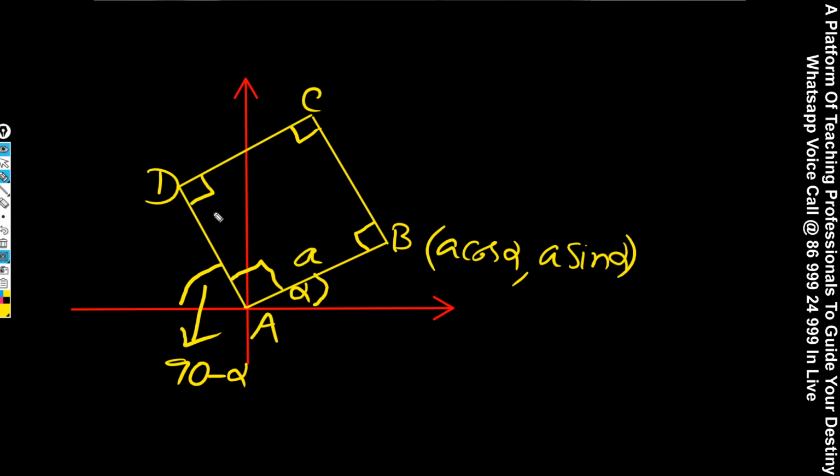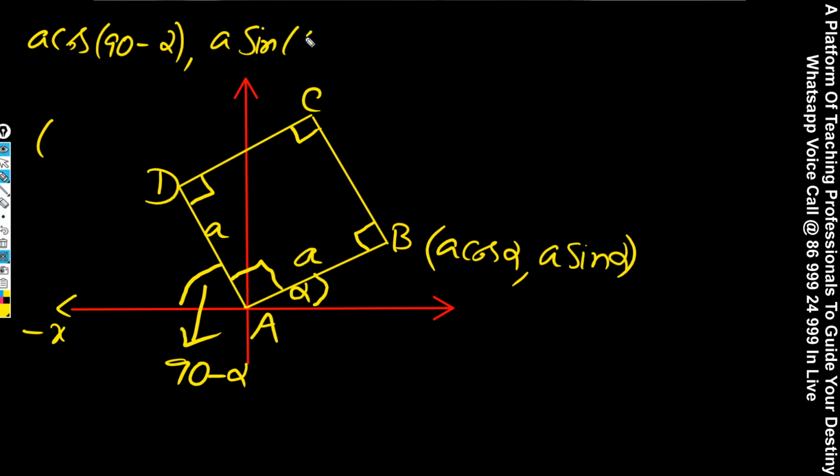Then for the components, this is also of length A because it's a square, all the sides are equal. Now, because it is lying on the negative x-axis side, this is A cos of 90 minus alpha, and A sin of 90 minus alpha.